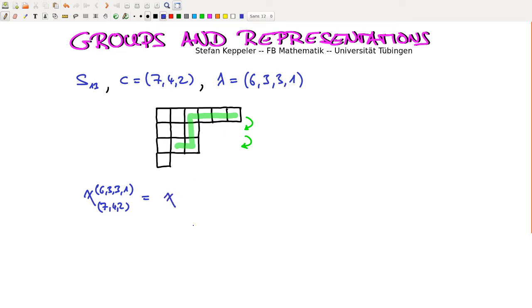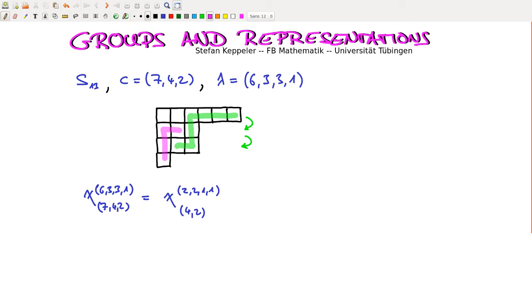And now we know that the character we are looking for is the same as the character of the remaining diagram, 2, 2, 1, 1, and cycle structure 4, 2. So it's a character of S6. Now let's say we remove a skew hook of length 4, and again there's only one, this one here.